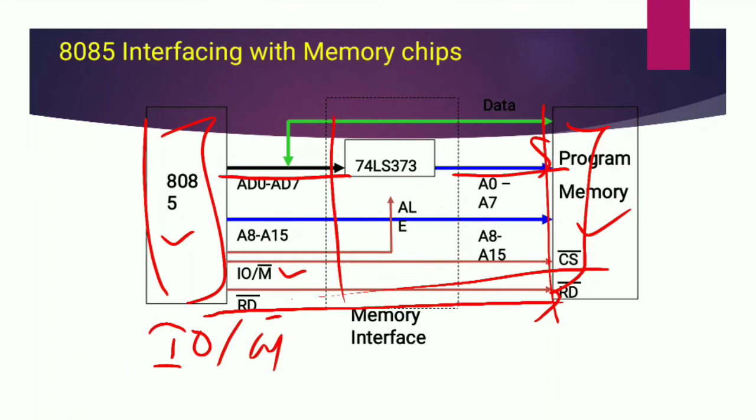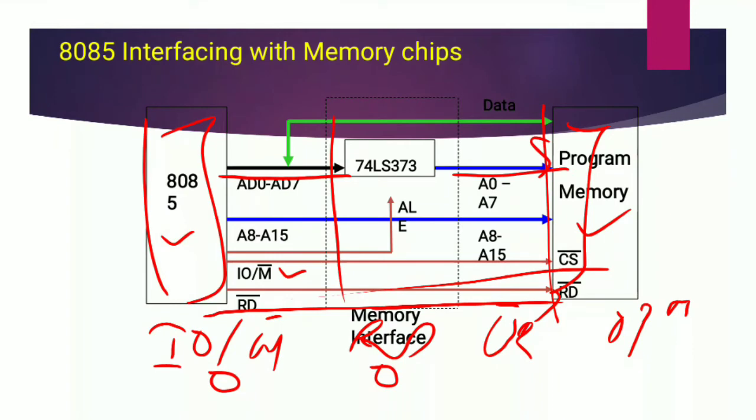The status of IO/M bar, RD bar and WR bar during memory read and write operations is as follows. If IO/M bar is 0, RD bar is 0 and WR bar is 1, then the 8085 reads data from the memory.